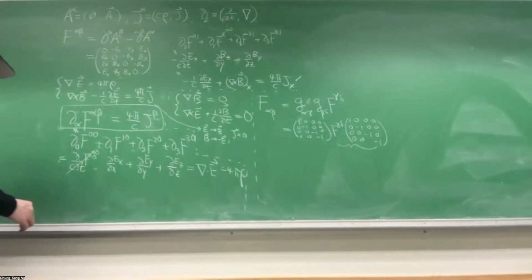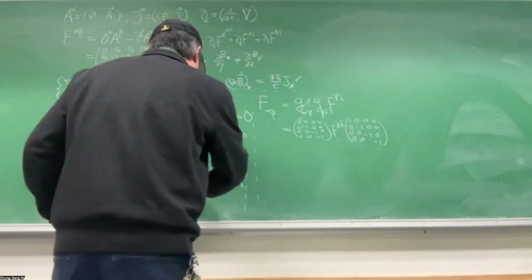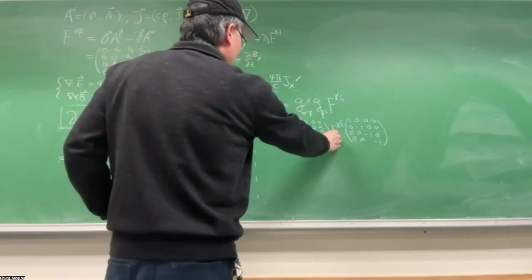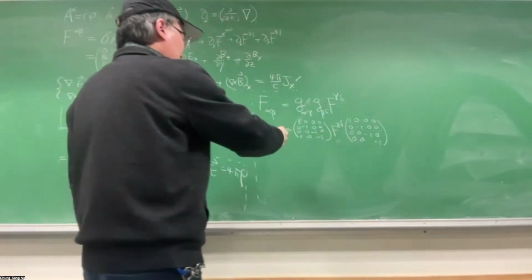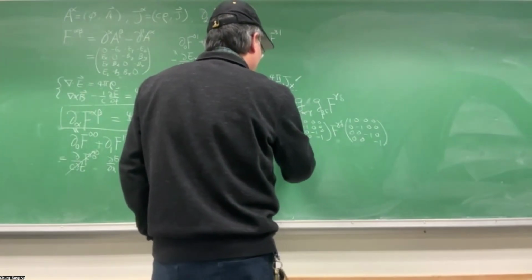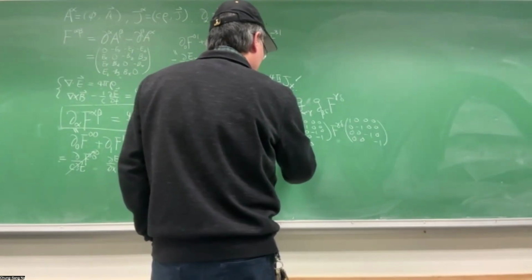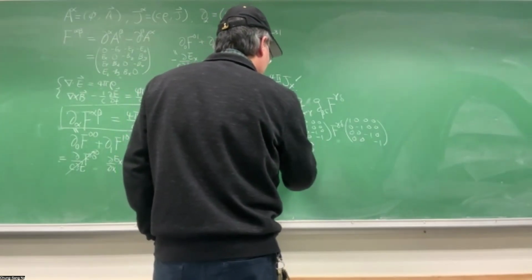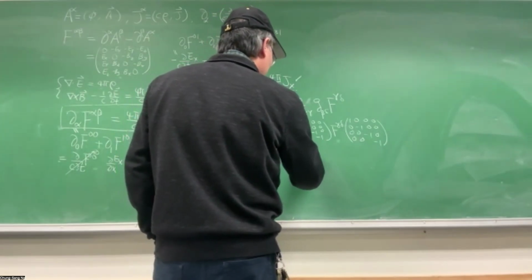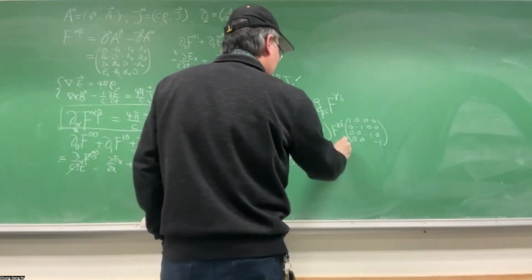This is not restricted to F, but for any of these 4 tensors, it's doing the same thing. But let's just do it explicitly, and then you recognize the pattern.